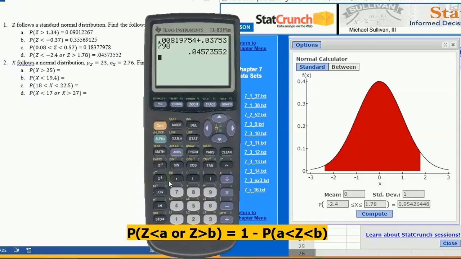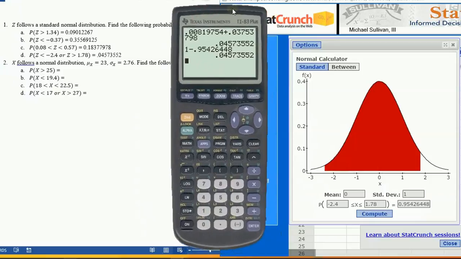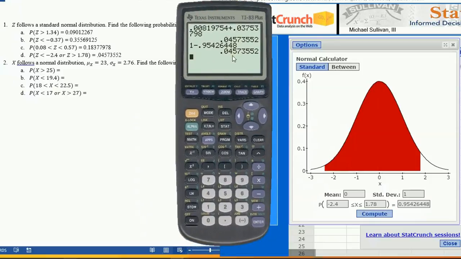So we can type 1 minus 0.95426 and we'll get our answer that way as well. Both ways will give you the correct answer. I think this way is a little bit easier, so I'm going to do that for the next example.